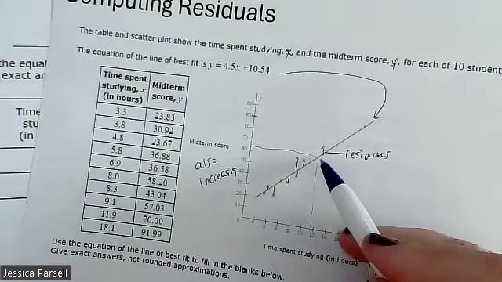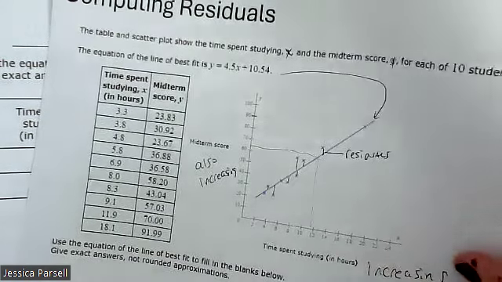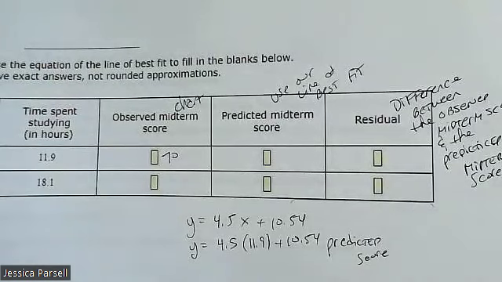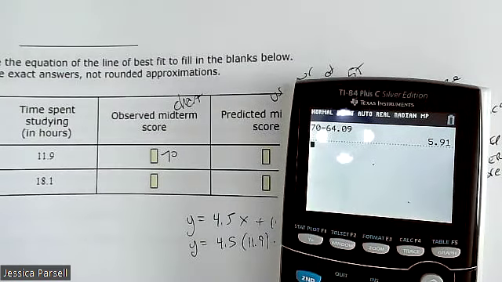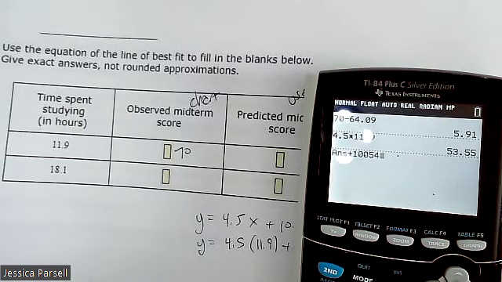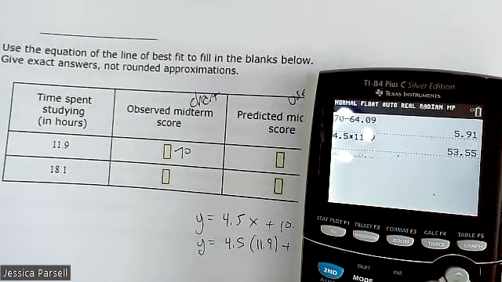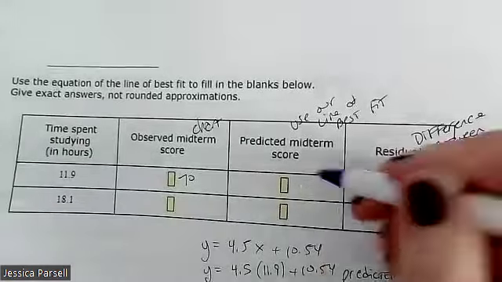This is what the line would predict the person to get if they spent almost 12 hours studying. All right, I've got to break out my calculator for this one. Okay, so 4.5 times 11.9, hit equal, and add 10.54. Oopsie. Well, the line of best fit would predict that that person would get a 64.09. So that's the predicted.